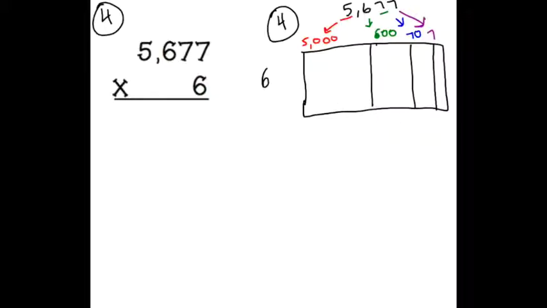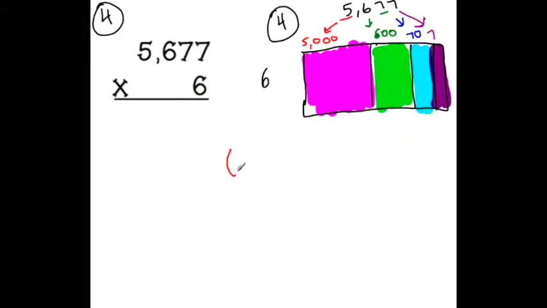Grab your crayons and let's color code. Because there's so many different parentheses, I'm going to use color to show you which goes with which. You don't need to use color on yours. If you use your pencil, that's okay. So my first one is going to say 6 times 5,000. My next one's going to say 6 times 600.